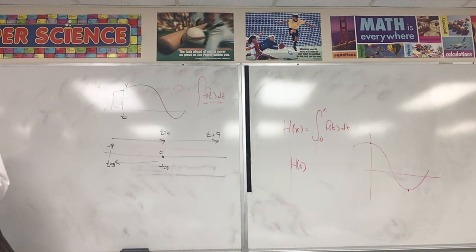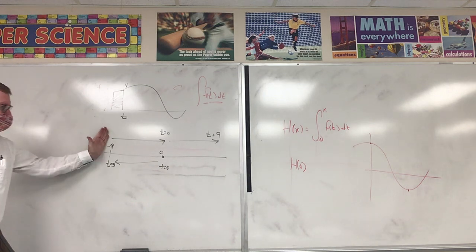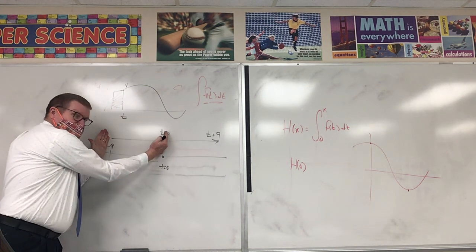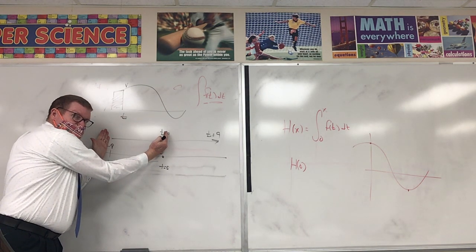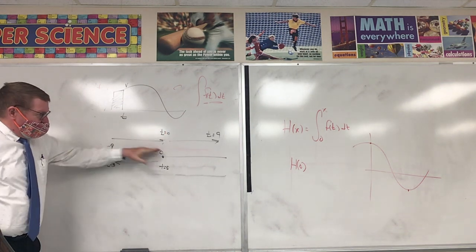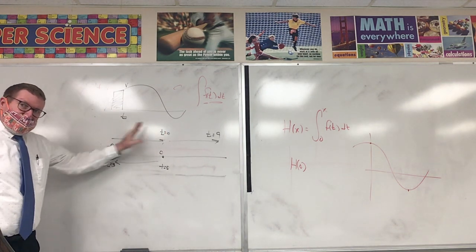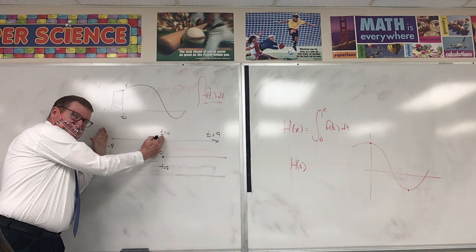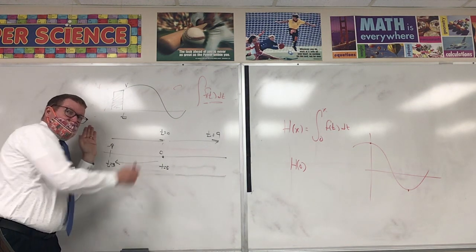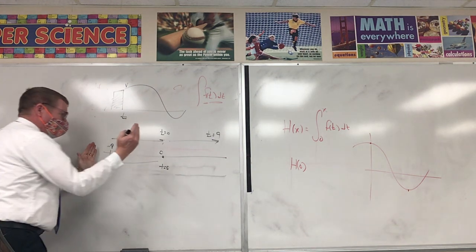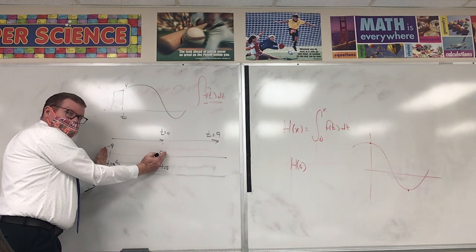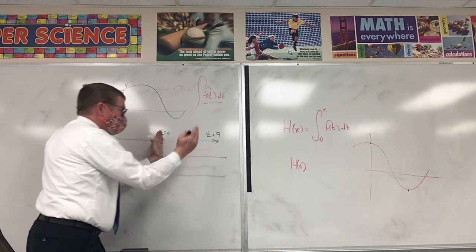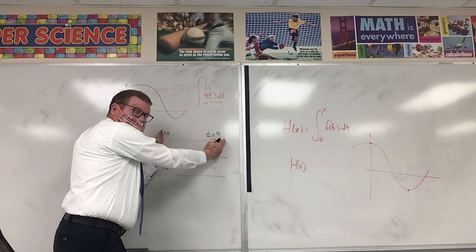So where am I moving towards the origin? From 3 to 6. Here's my origin. I'm moving toward the origin from 3 to 6. Where am I moving away from the origin? 0 to 3, 6 to 9.